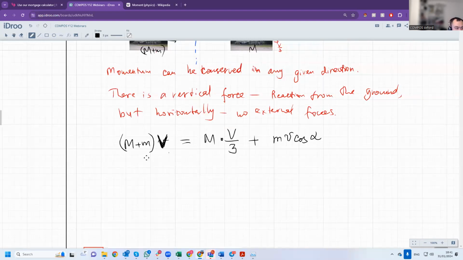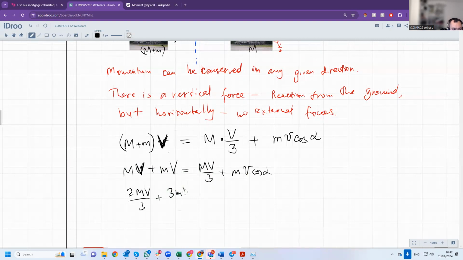So mv plus mv equals mv over 3 plus mv cos alpha. So mv, that's 2mv divided by 3 plus 3mv divided by 3 equals mv cos alpha.